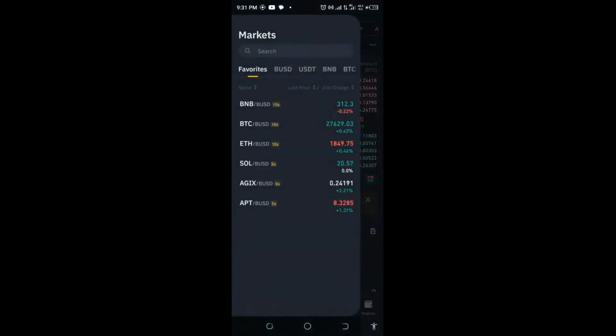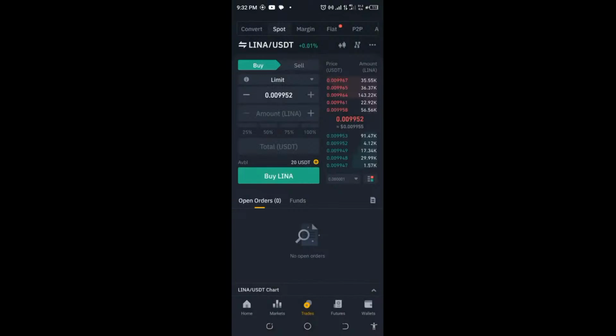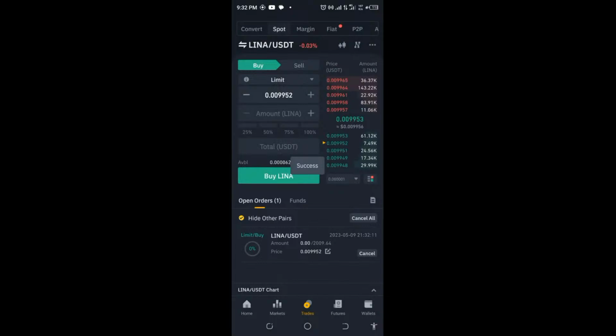So first off, we go back to Lena USDT, and then we pick up the entire thing. It's picking up almost everything. So let me quickly get that screenshot, and then let's go ahead and buy. Wow, why are we in the queue? Oh, this is the reason.